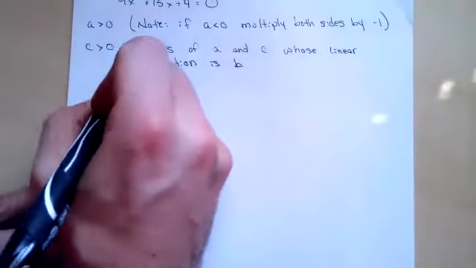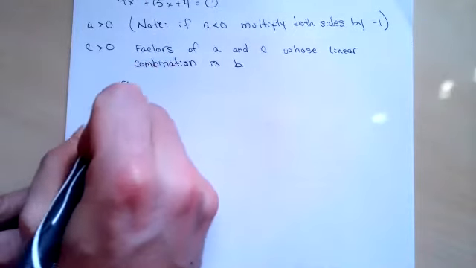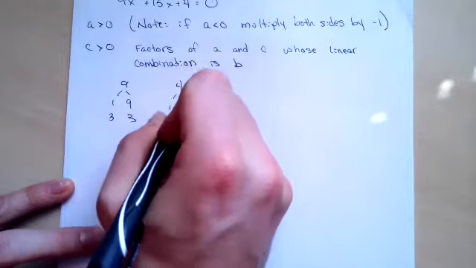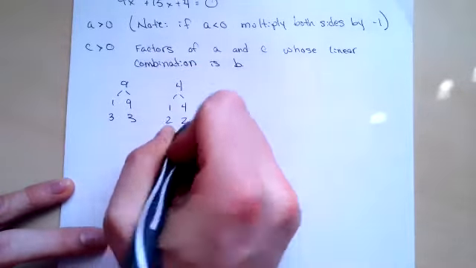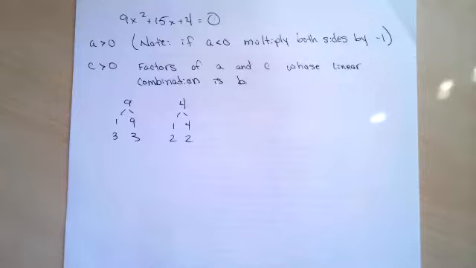This linear combination, we're going to have 9. So our factors of 9 are 1 and 9, 3 and 3. And factors of 4, 1 and 4, 2 and 2. And we're looking to get 15.